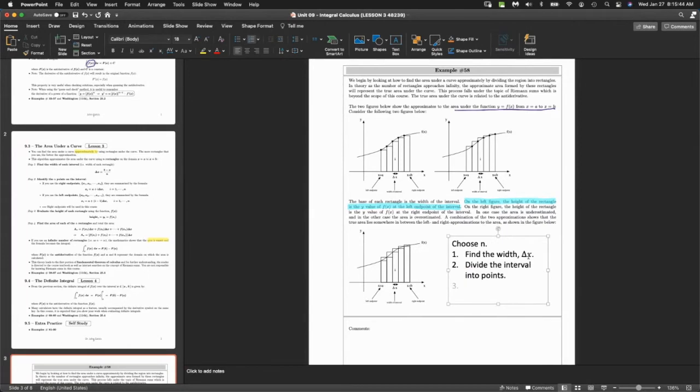Step three, you find the height of each rectangle. And then step four, you add up all the rectangles. I'll just say here, find the sum of the areas of all the rectangles.